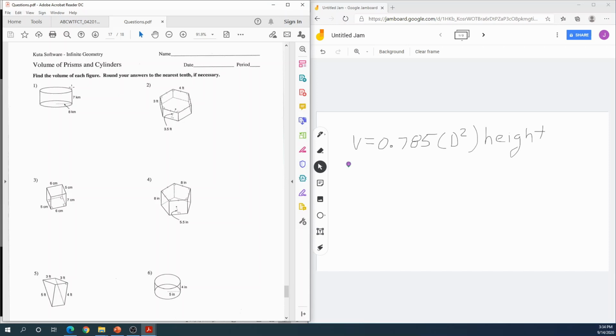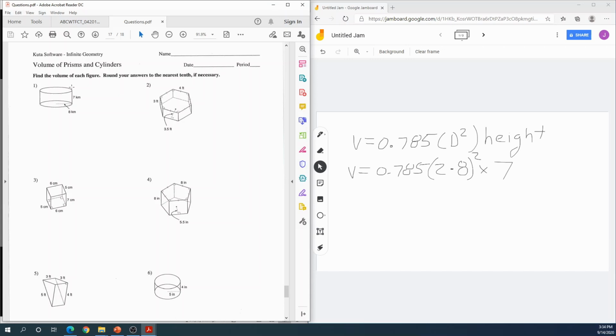So for this problem, volume is equal to 0.785 times our diameter, which is going to be 2 times our radius, squared, times our height. Order of operations, we're going to do 2 times 8 first. We'll square that.